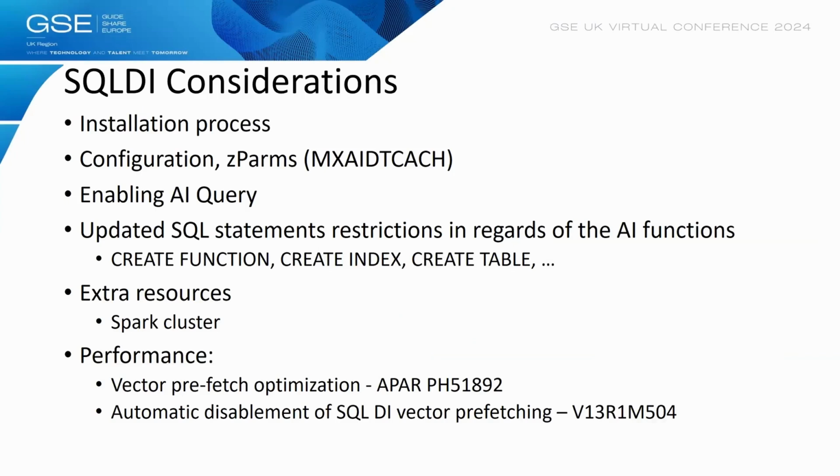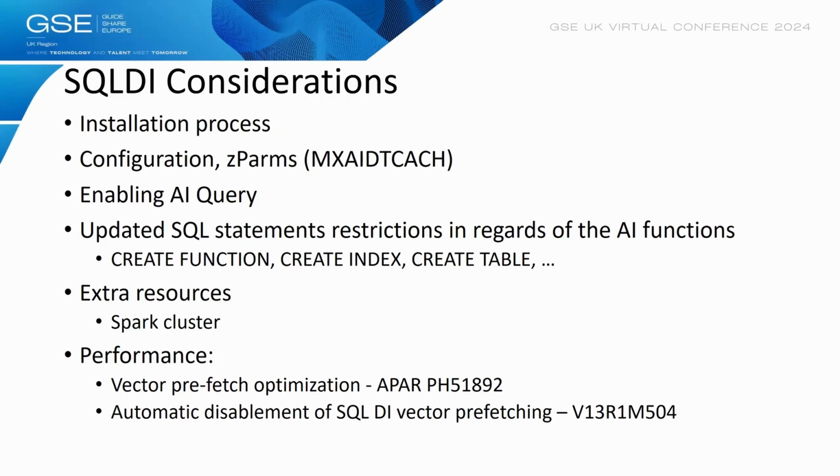I already mentioned the installation process, so it takes some time. You need to configure that. Then you need to enable for AI queries. I think it supports just single tables and views, as far as I know. Maybe there was some recent enhancement I'm not aware of. Then you need to count on the extra resources based on the Spark cluster.